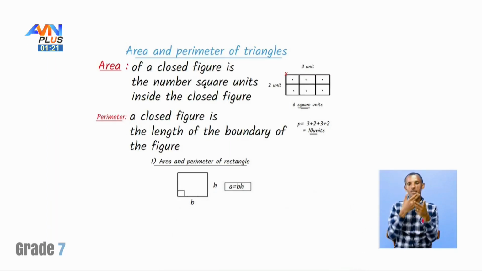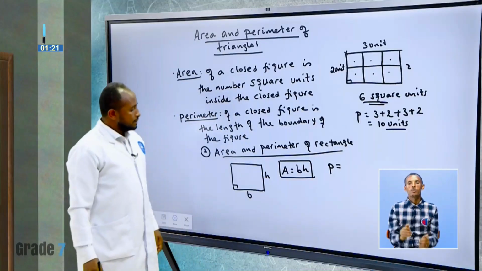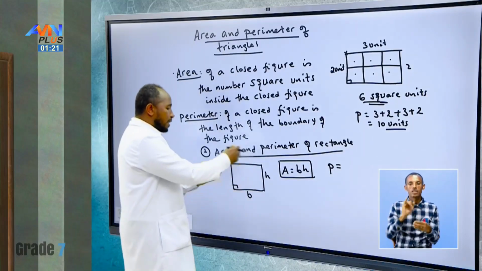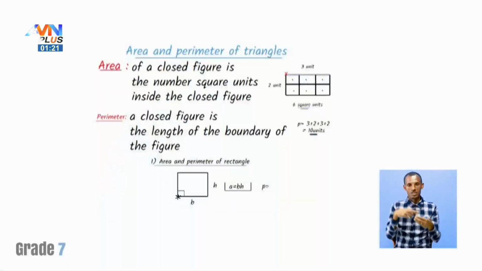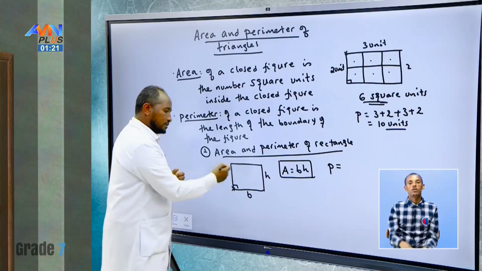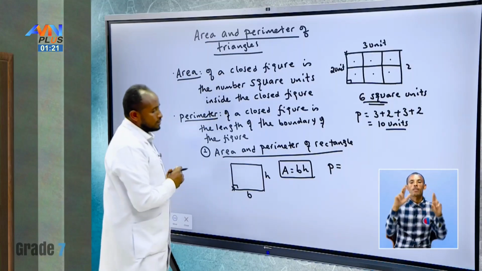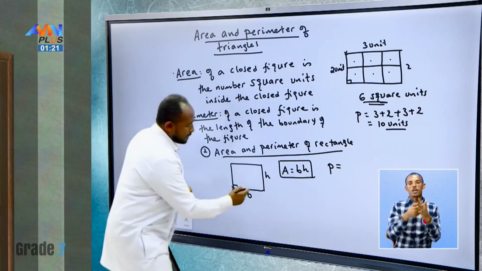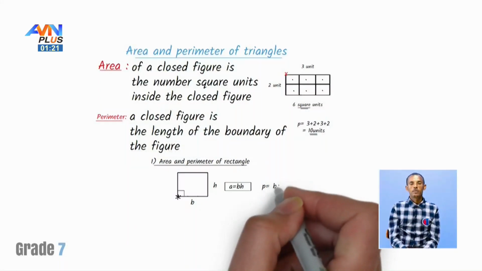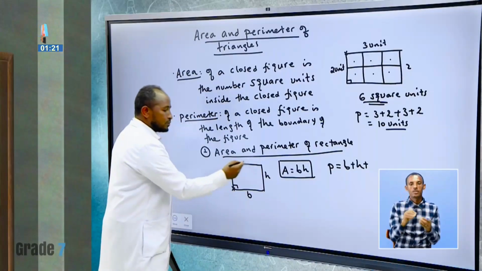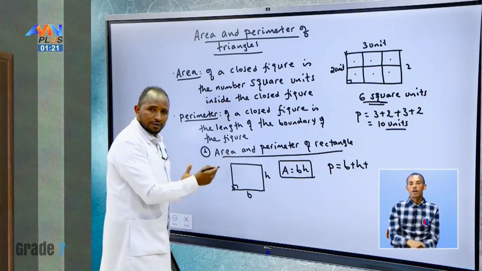This is it. And how about the perimeter of this rectangle? As we said earlier, the perimeter is the length of the boundary of the region. Therefore, you start from one point and move around the sides of the rectangle until you reach the starting point. So let's start from this point. This length is B, plus this one is H, plus this one is also B. You know that the opposite sides of a rectangle are congruent.